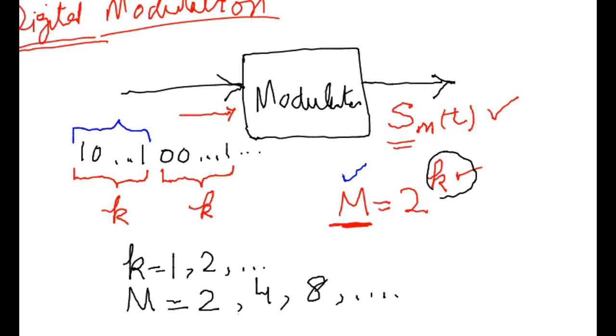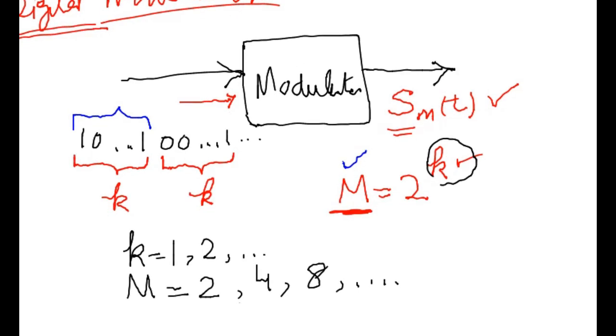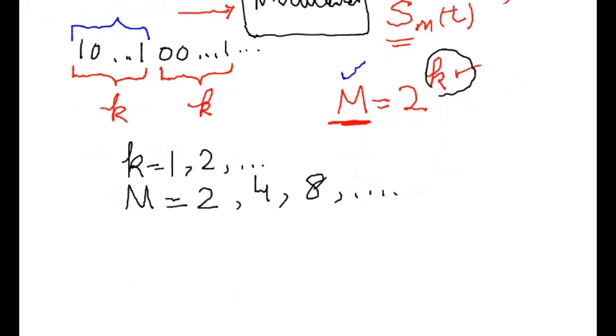Just for simplicity, let's give a value: suppose k equal to 3. I am parsing the binary sequence in groups of 3 bits.